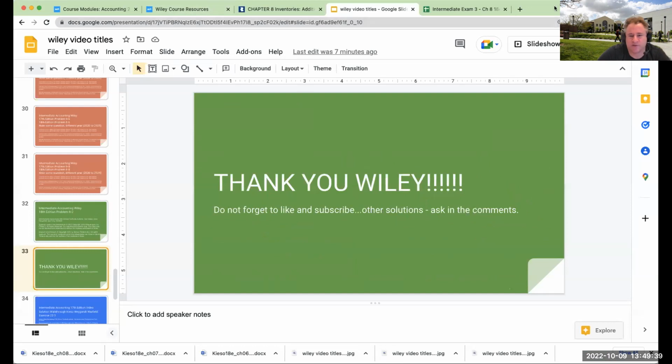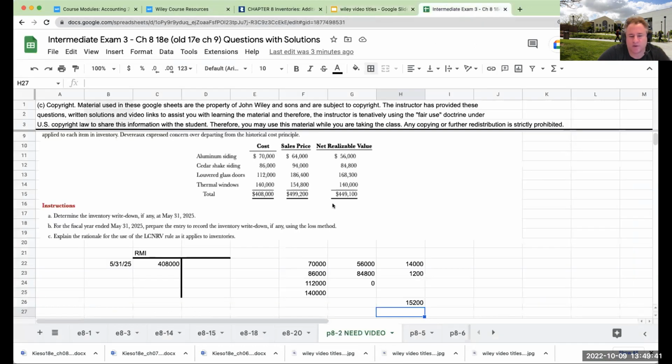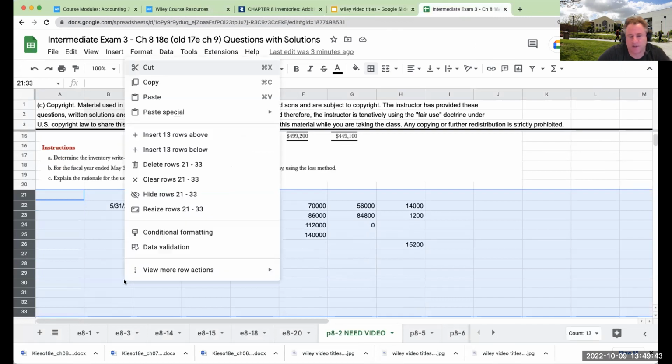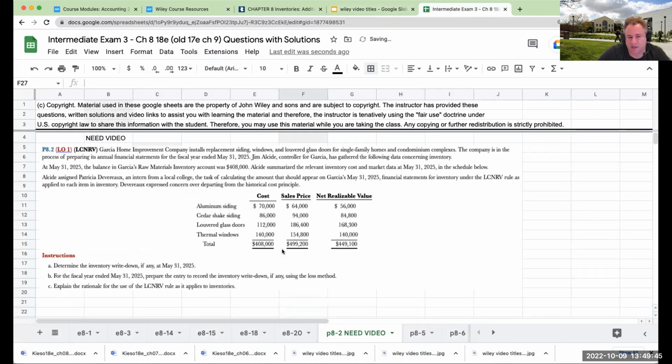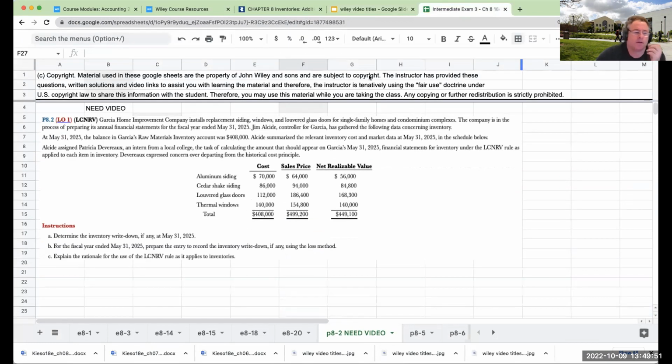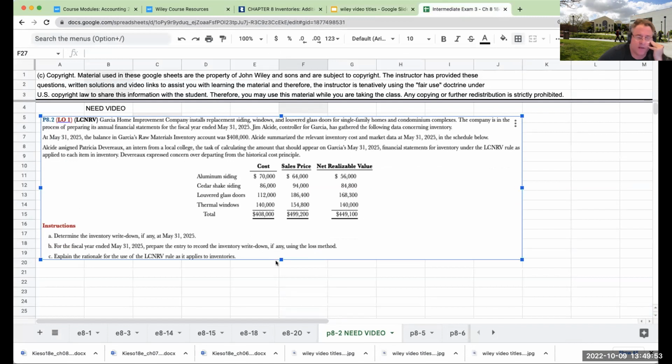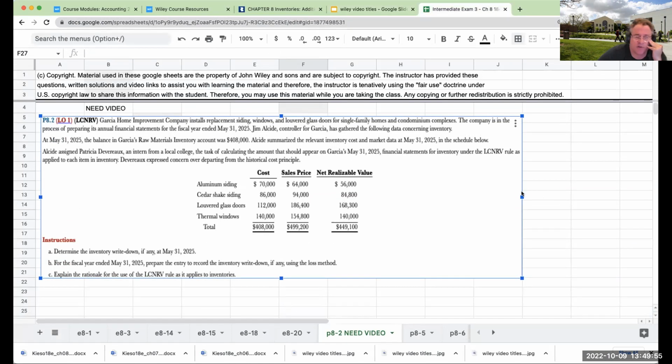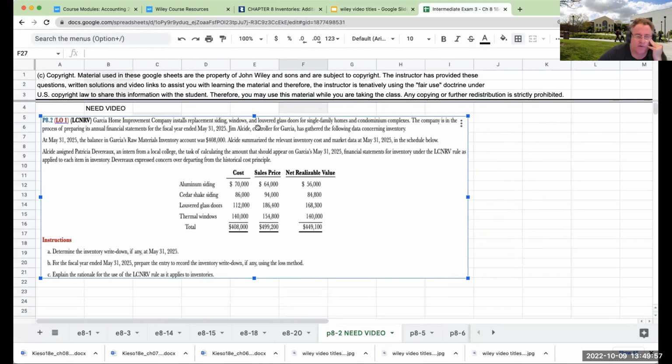Before we thank the bus driver, let's come over here and take a look at our particular question. Garcia Home Improvement installs replacement siding, windows, and louvered glass for single-family homes and condominium complexes.